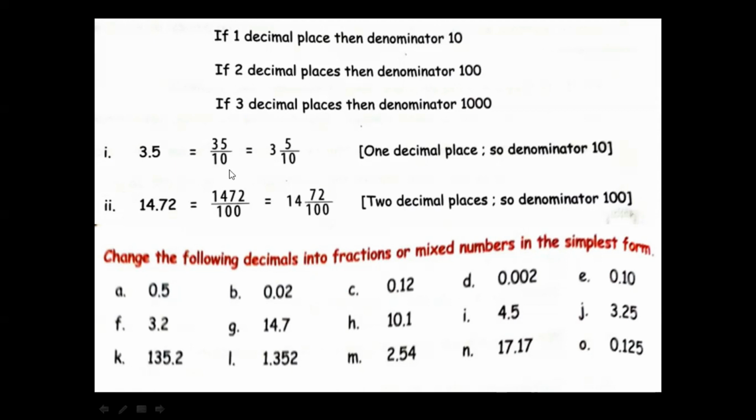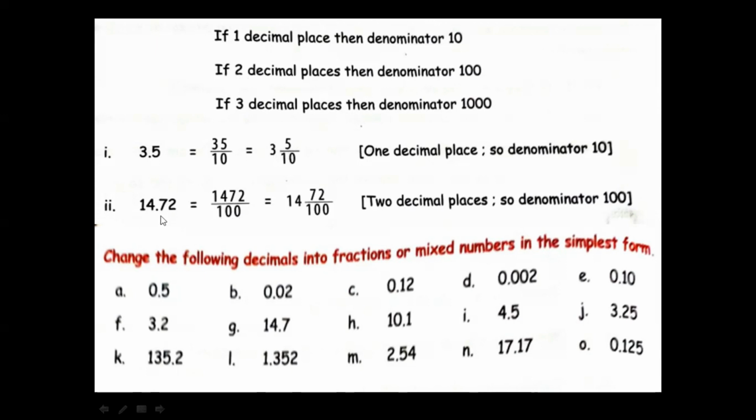35 by 10. Now we are changing into mixed fraction. 10 3s are 30. 30 plus 5. 35 by 10. Next, if two decimal places, then denominator 100. See here, 14.72 equal to 1472 by 100.